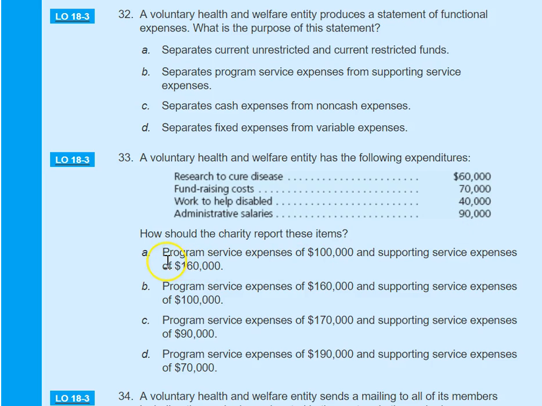So let's find the answer options. Number A says program service is 100,000 and supporting service is 160, which we just calculated, right? Program service is this 60,000 plus this 40,000, related to their main healthcare service mission, and the rest two are fundraising cost and administrative salary. Those are their administrative expense, so they should be under supporting service. So answer A is the correct one.